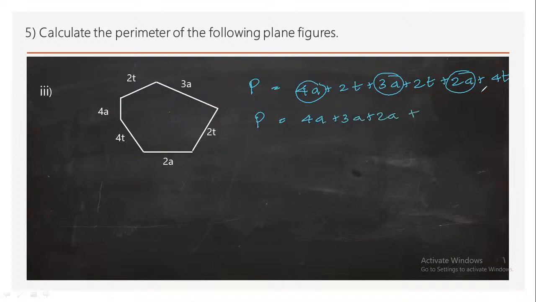Two t, 4t and 40, 80. Perimeter equals 4a and 3a, 7a, 7a and 2a, 9a plus 80.